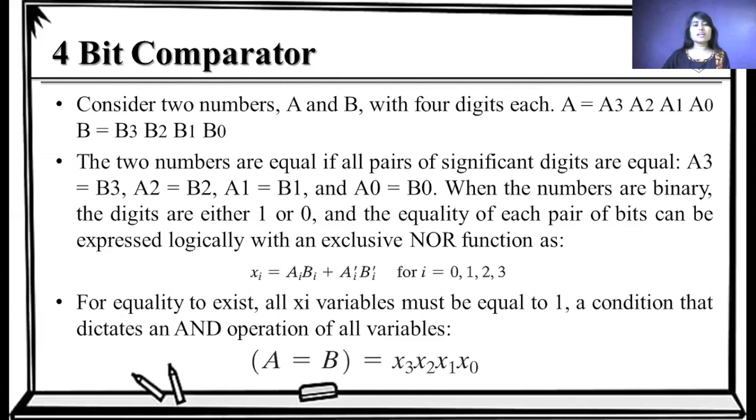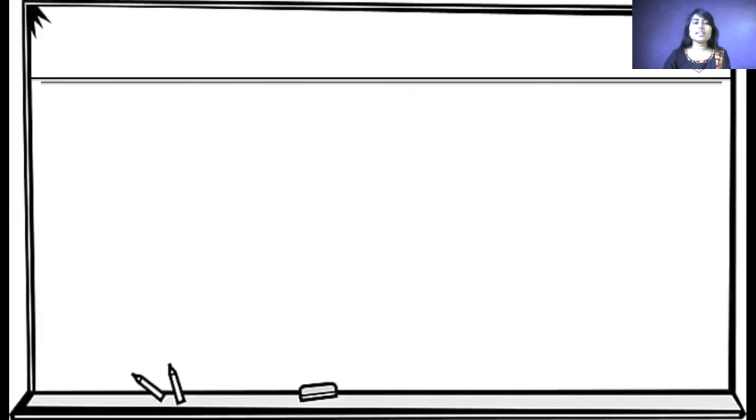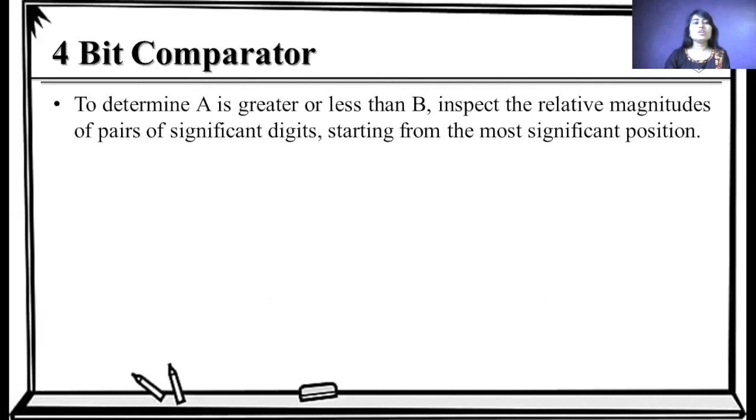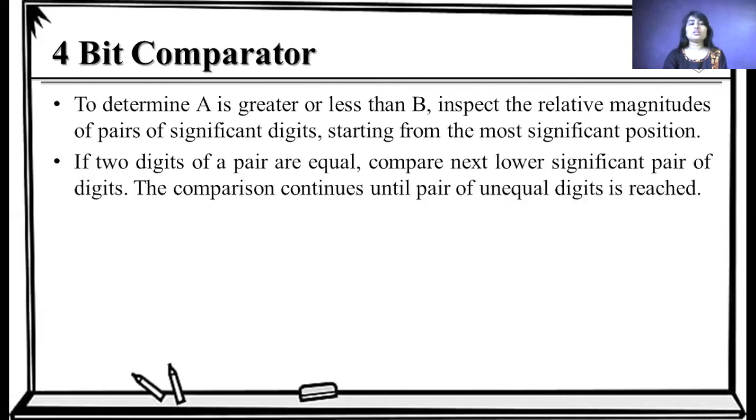Now let's identify the equations for A greater than B and A less than B. To determine whether A is greater or less than B, inspect the relative magnitudes of pairs of significant digits starting from the most significant position, that means starting from A3, B3. If the two digits of a pair are equal, compare the next lower significant pair of digits.